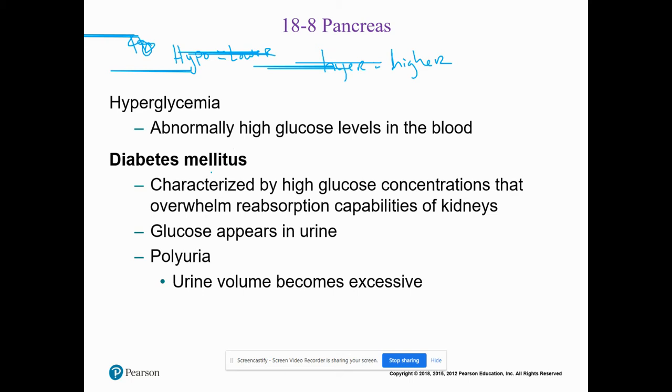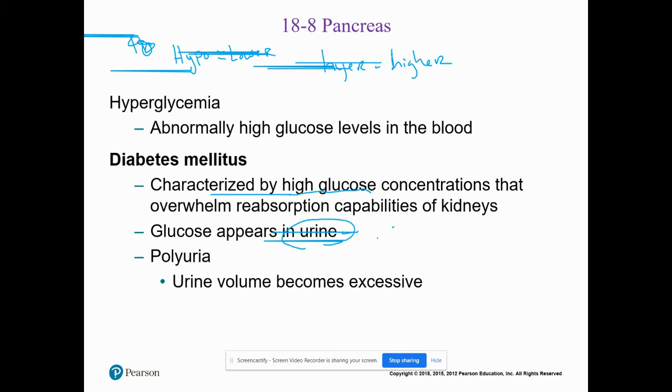All right, so diabetes mellitus. It's generally characterized by high glucose that overwhelms the ability of the kidneys to reabsorb it. Okay, it does appear in urine. A gross side note is when they first discovered this, pharmacists, they weren't called pharmacists back then, were actually tasting the urine and they could see that it tasted sweet, and they called it the sugar wasting, I think.